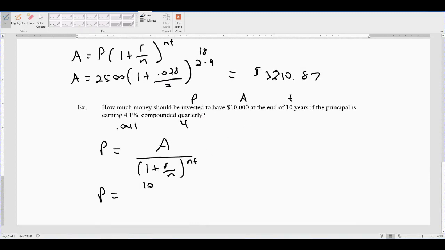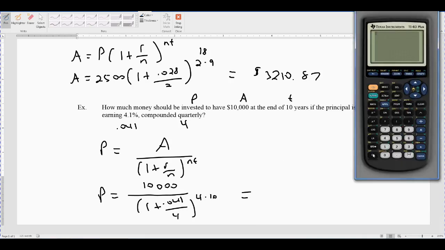A is 10,000, R is 0.041, n is 4, and t is 10. Can we get the answer from our calculator this time? Sure we can. 10,000 divided by, open parentheses, 1 plus 0.041 divided by 4, close, raised to the, I don't want to think, so 4 times 10, close.